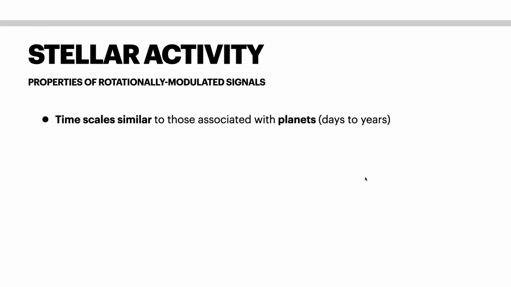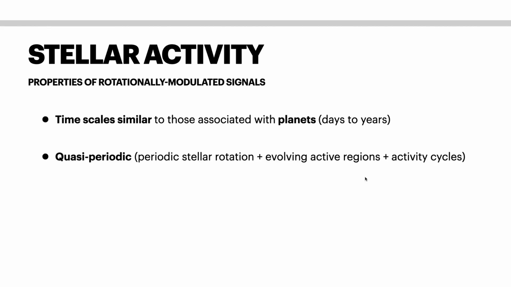Okay, now if we want to model these stellar activity signals, what do we actually know about them? What are their properties? First, we do know something about their characteristic timescales, which usually range from days to months, depending on how fast a star is rotating. And then on top of that, we might also have long-term magnetic cycles that would last years. Fine.